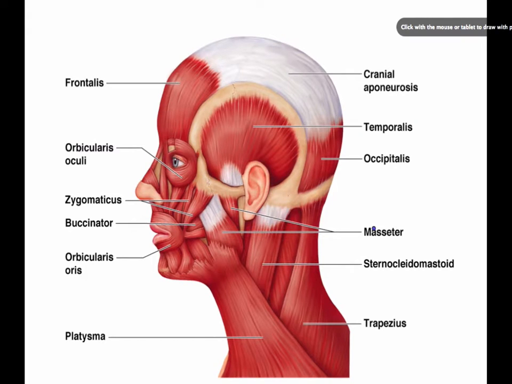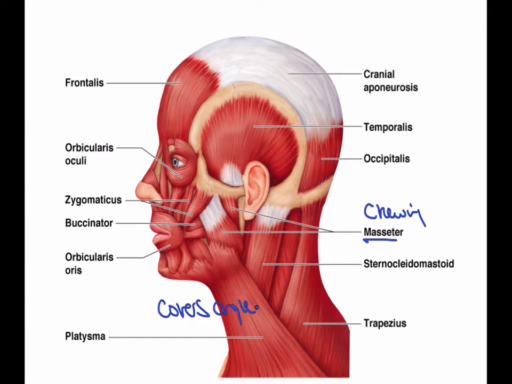Okay, so next up, let's go ahead and do the masseter. So the masseter is also a chewing muscle, kind of moving from facial to chewing here. So the masseter covers the angle of the lower jaw. In addition, its origin is going to be the temporal bone.